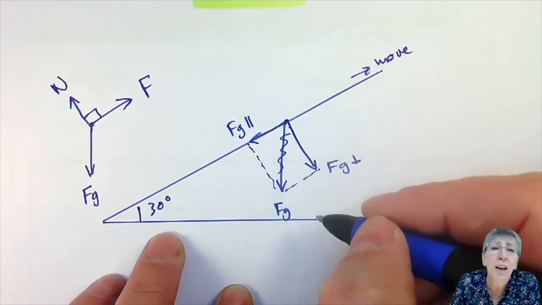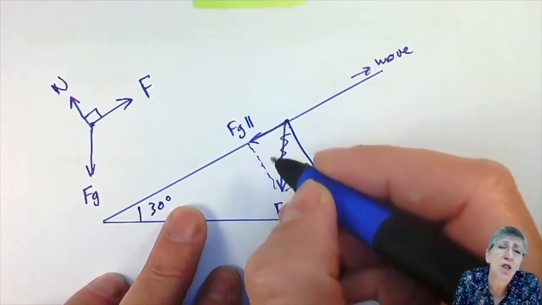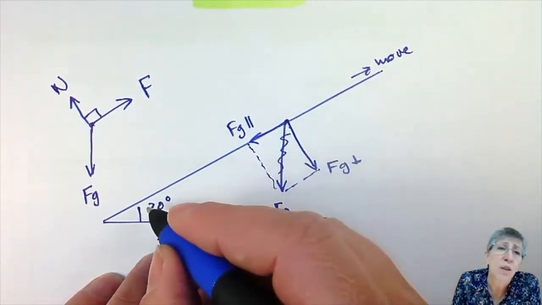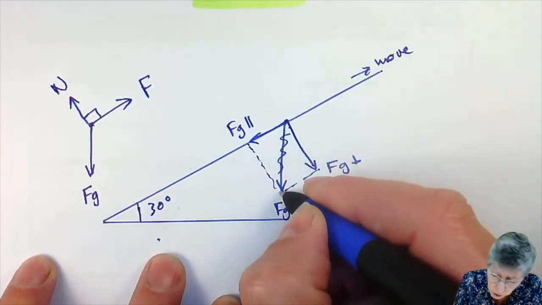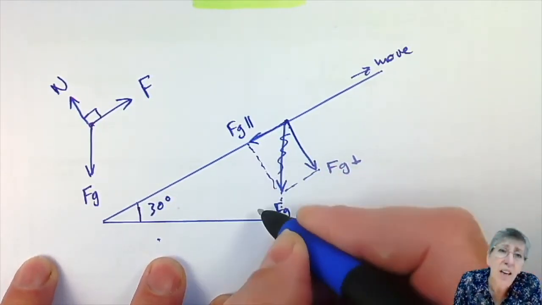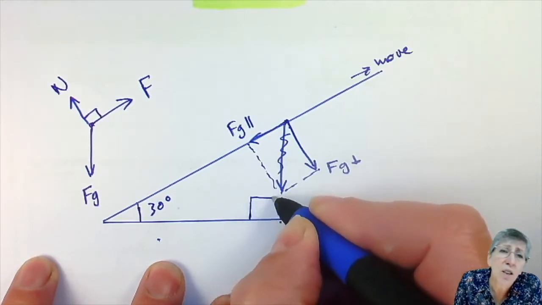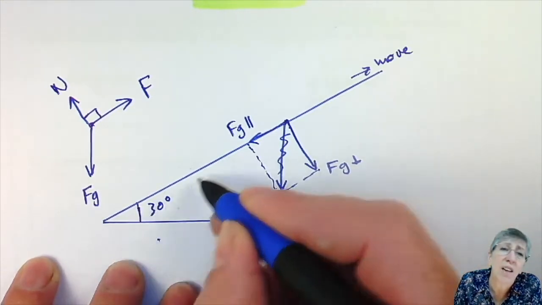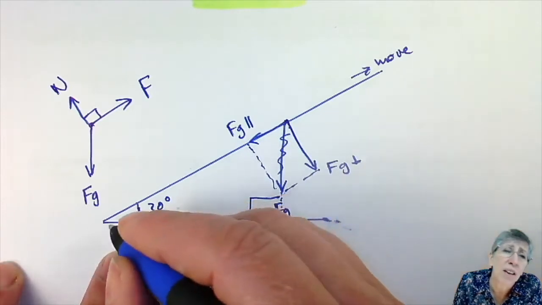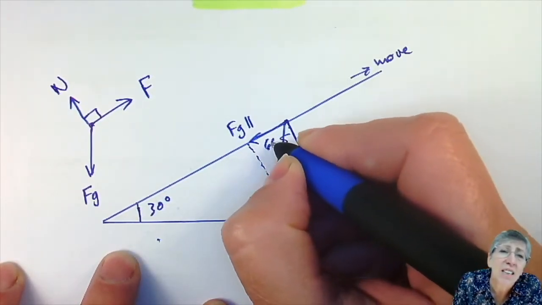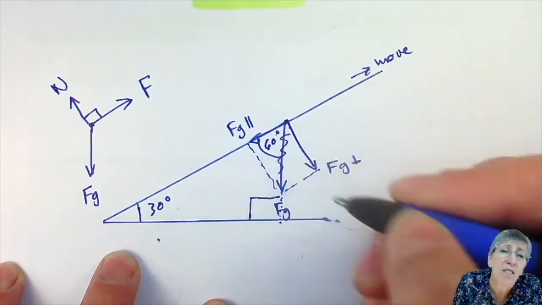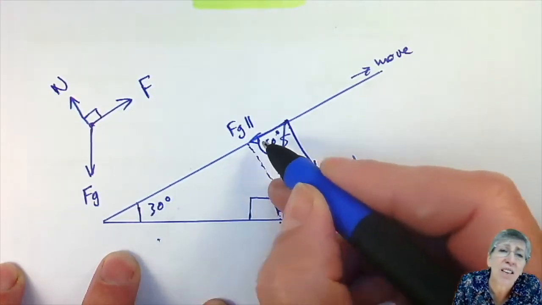Now we have to work out the magnitude of each of those. So for this, let's say this is a 30-degree angle. If you were to lengthen that, extend it right down, you will see that is a 90-degree angle. In a triangle, all angles together should be 180, so that is a 60-degree angle, the rest of that 90.